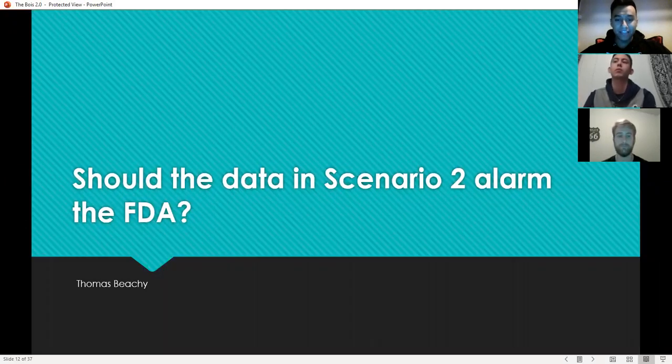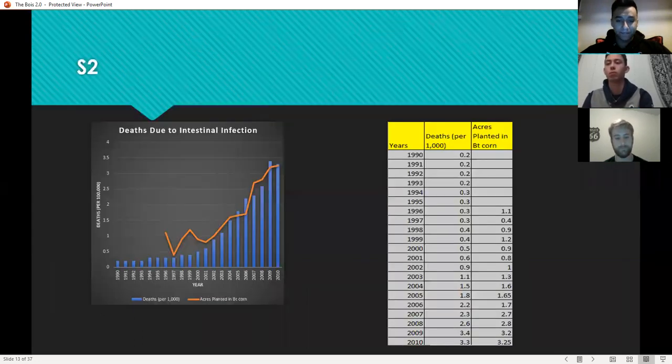Thomas, should the data in scenario 2 alarm the FDA? In the graph on the left, it shows there's a strong correlation between deaths per 1,000 and acres planted in BT corn. As we can see, as the acres of BT corn increase, so do the deaths due to intestinal infection.